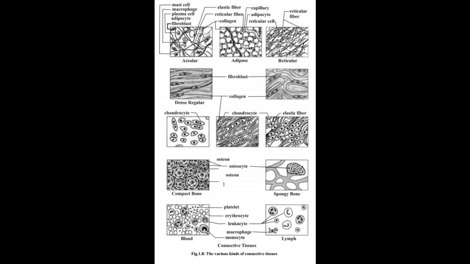Adipose tissue may develop anywhere, but it tends to accumulate beneath the skin, where it can act as a shock absorber and insulator. Women tend to have more adipose tissue than men. There are two types of adipose tissue: white adipose tissue, WAT, which is composed mainly of white fat cells, and brown adipose tissue, BAT, composed primarily of brown fat cells.